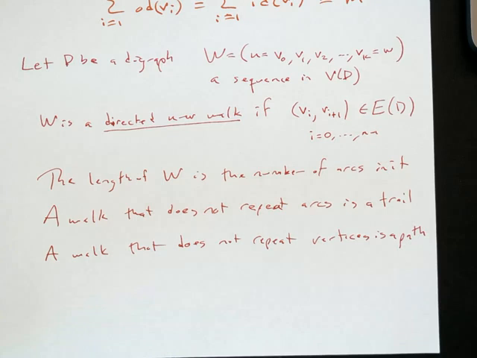Every path is a trail. That was definitely true in undirected graphs. Because if you went from A to B, then to go back, you'd have to go across the same edge. But I don't know that that's true here, because there could be an edge in each direction, an arc in each direction. Oh, I got to be careful.